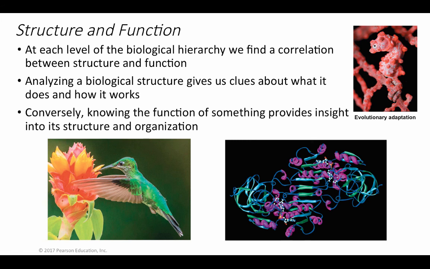We've seen this at every level of organization, from the proteins whose shape determines how they're going to function in a cell, to the structure level, the coordination between structure and function in different anatomical structures, and all the way up to the whole organism level, how organisms are adapted to their environment.